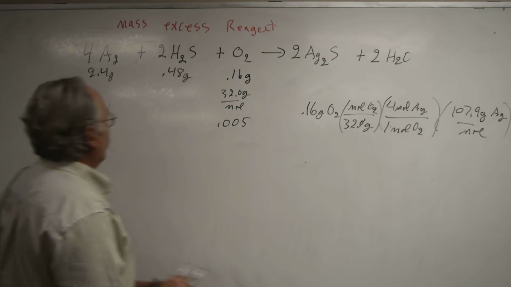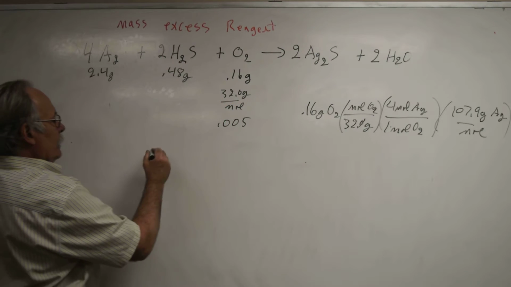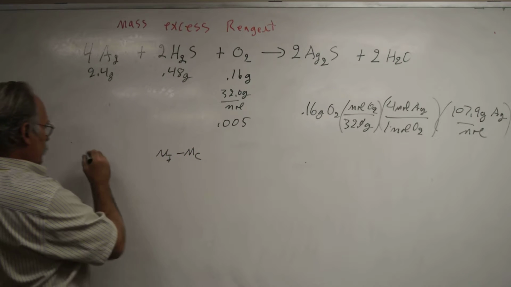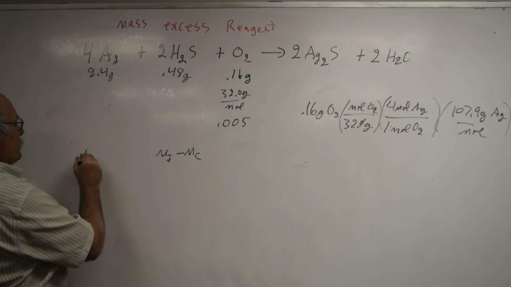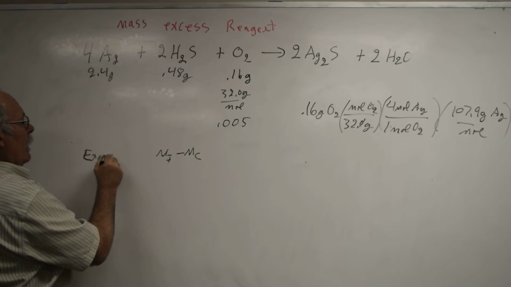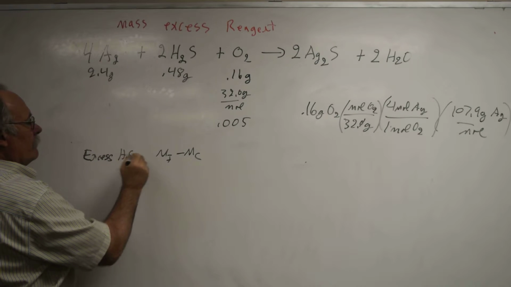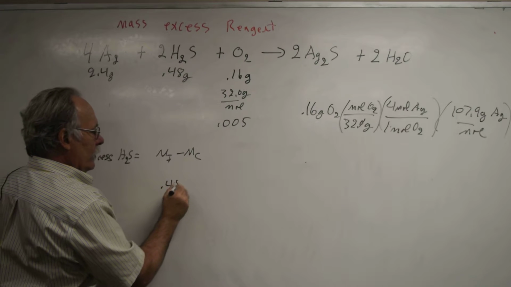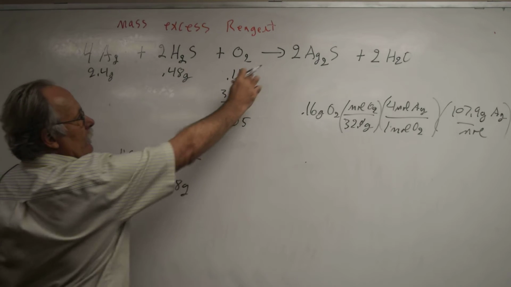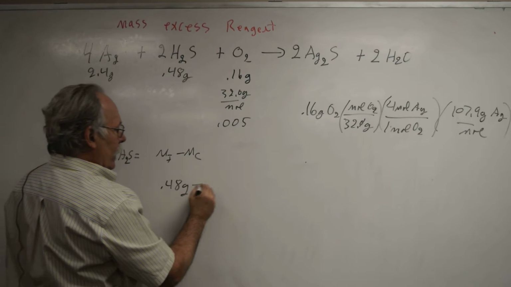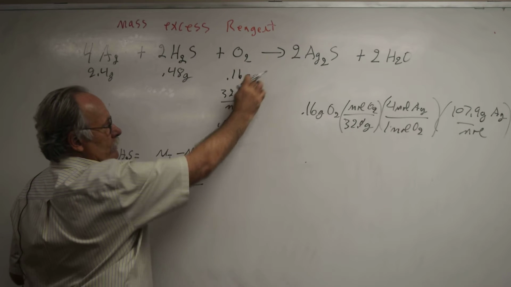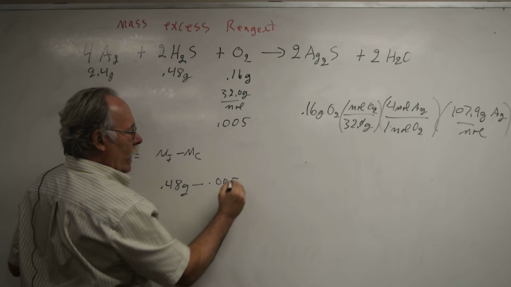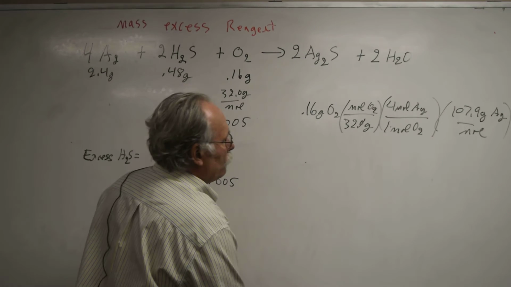So the excess mass is the mass initial minus the mass consumed. So this is the excess H2S. I started with 0.48 grams. I go to my stoichiometric step, and in the consumption of 0.16 grams of oxygen, I have 0.005. Now that's this step right here.